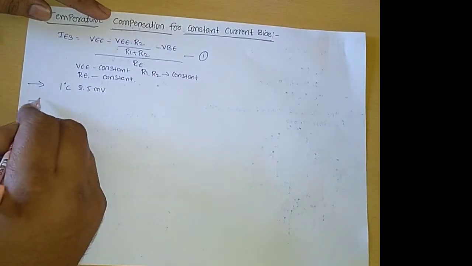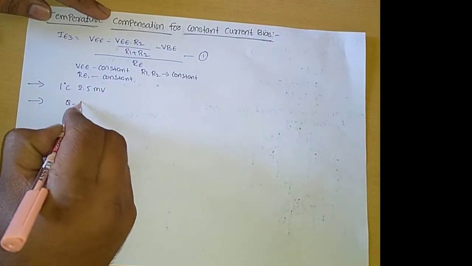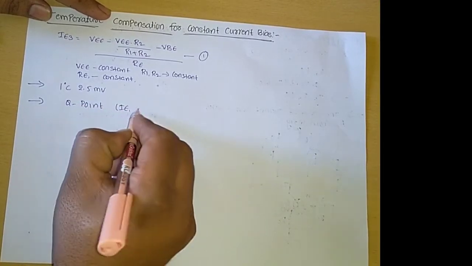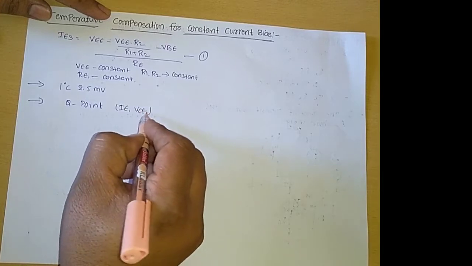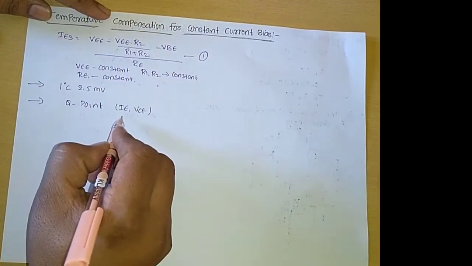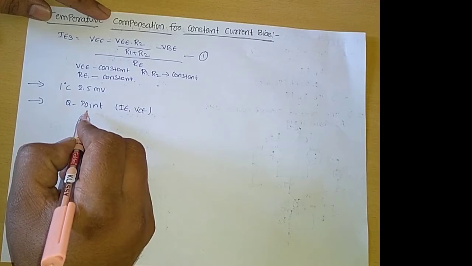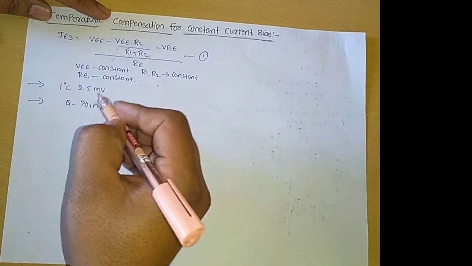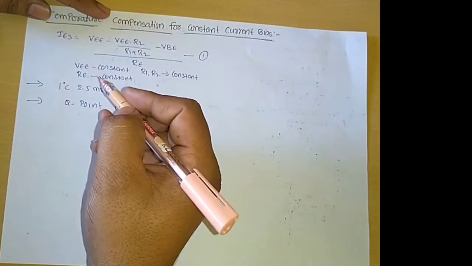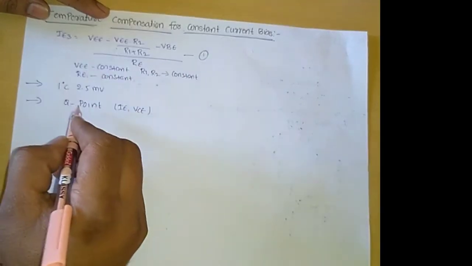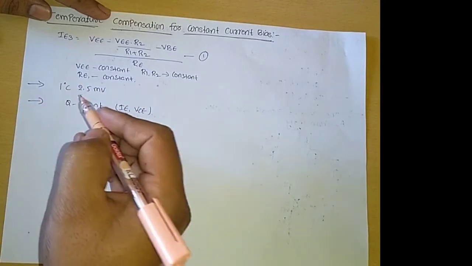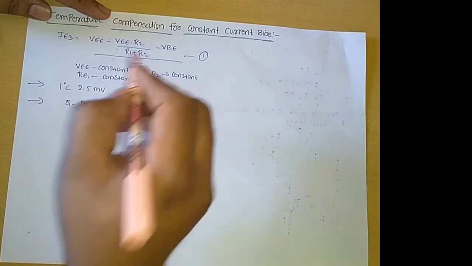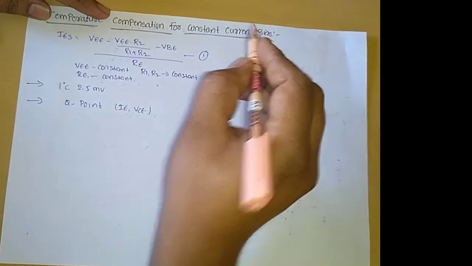We know that the operating point of the differential amplifier is a function of IE and VCE. So if the IE value changes, the operating point, or Q point, of the differential amplifier changes, and then the differential amplifier does not give the proper output. To overcome this problem, we improve the thermal stability of this constant current bias circuit.